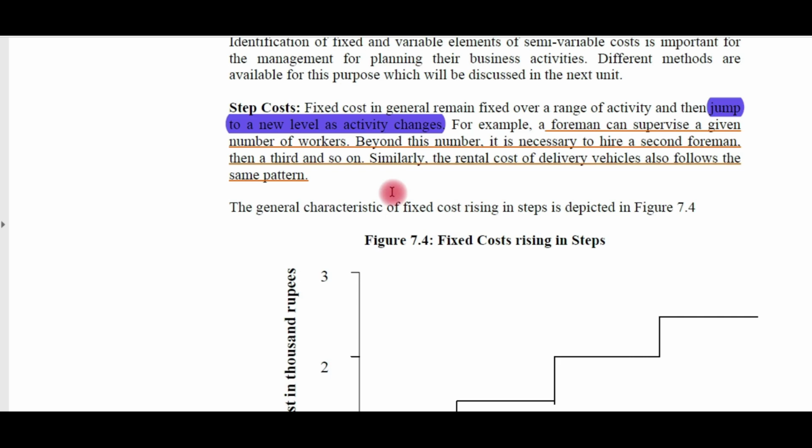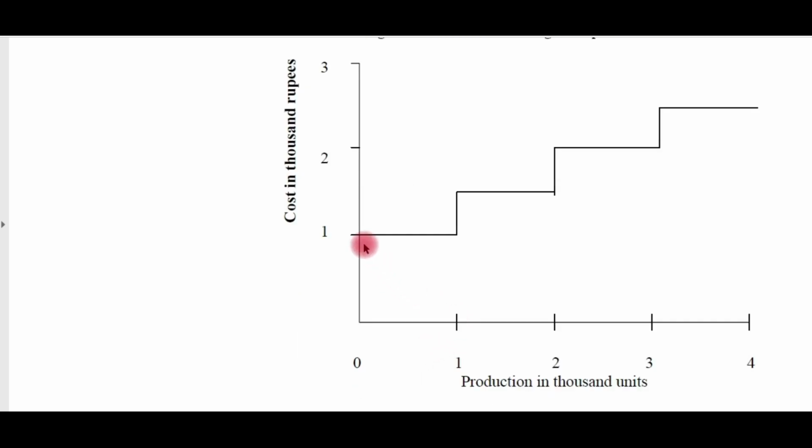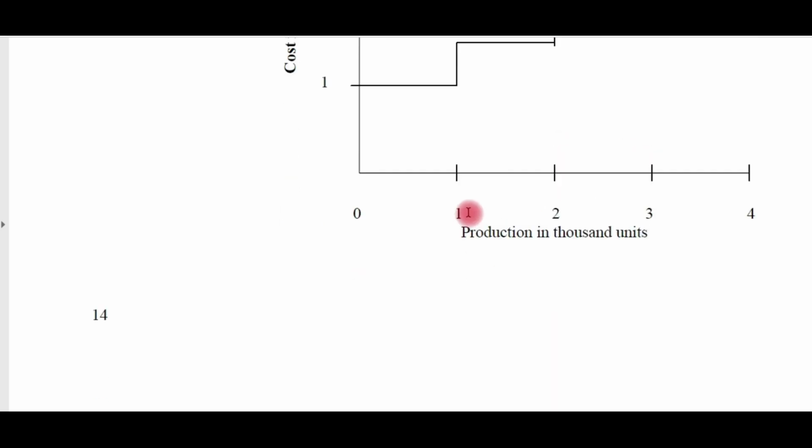That is called step cost. Up to this level of production, this is the fixed cost. And when the production is increased to this level, fixed costs have to be increased and that remains constant. Again, if the production is increased to much higher, again fixed costs have to be increased. Okay, this is called step costs.